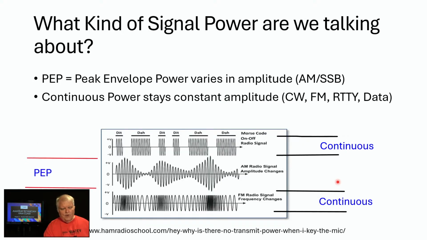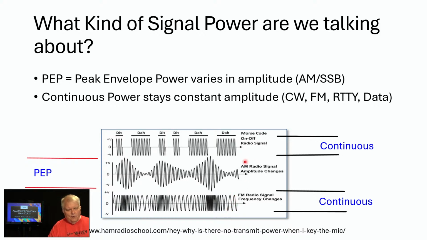And when we're talking about signal power, there are two different kinds. There's continuous power, and those are for non-amplitude modulated signals. So for Morse code signals, it's full power all the time when you're transmitting. For FM, for example, it's full power all the time when you're transmitting.